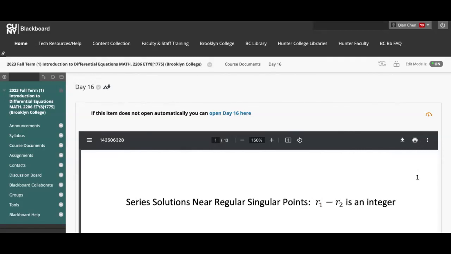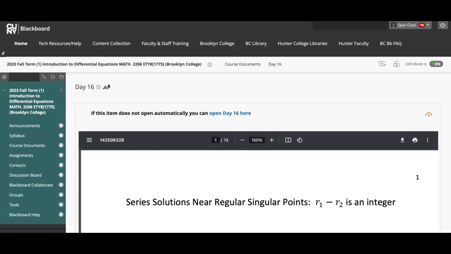Hold on a second. So you're talking about 15.2. I remember it's a regular singular point because, I read the note, you said the denominator is not equal to 0 for small p of x, that's called a regular singular point.